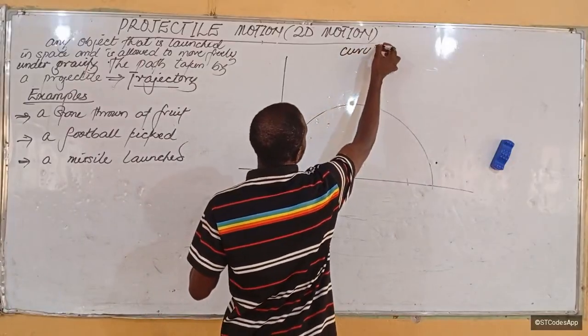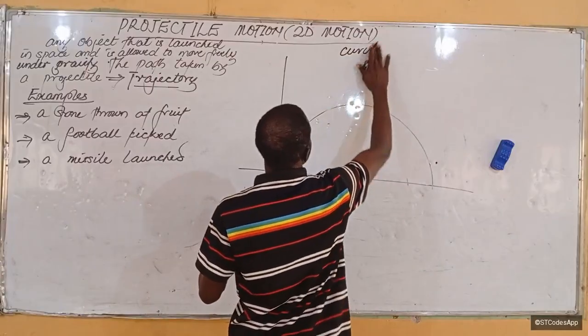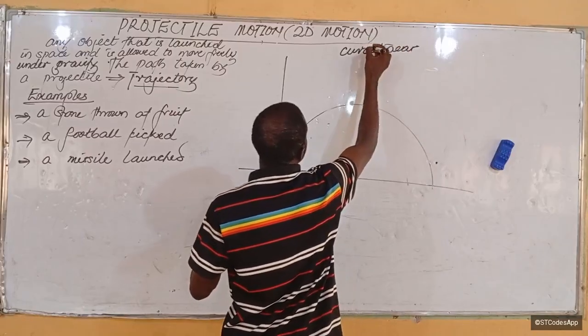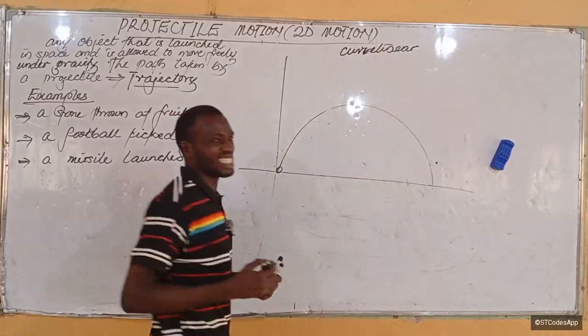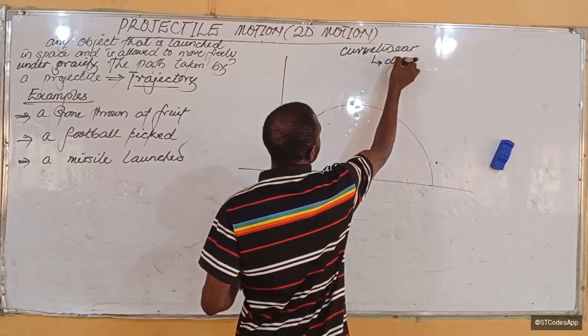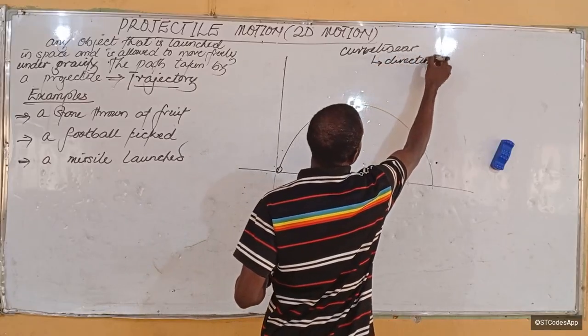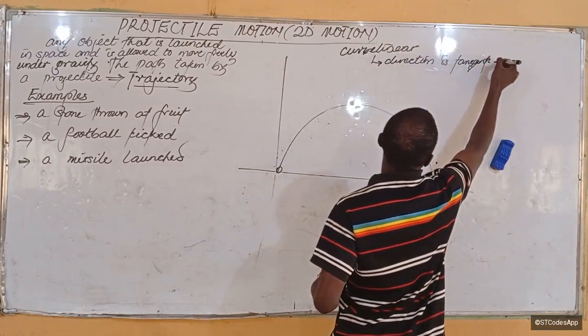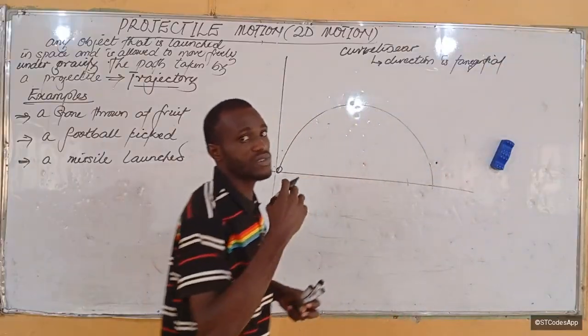How do you spell that? Curvilinear. The path is curvilinear. So when a body moves in a curvilinear path, I've told you that the direction is always tangential. Direction is always what? Direction is always tangential at every point on the curvilinear path.